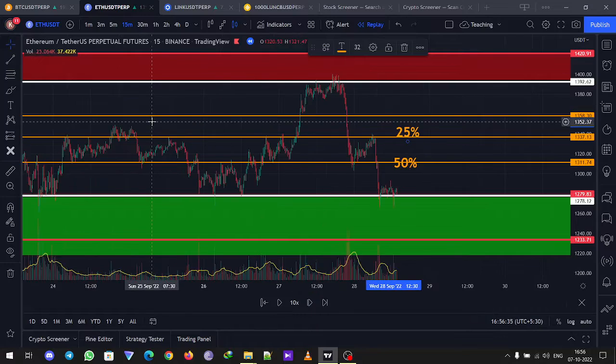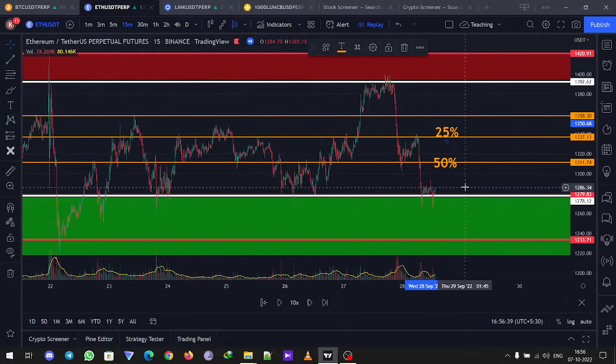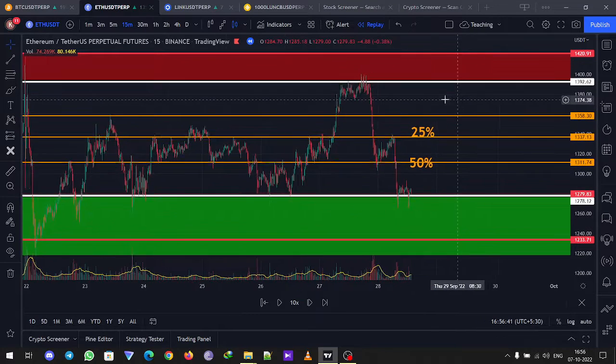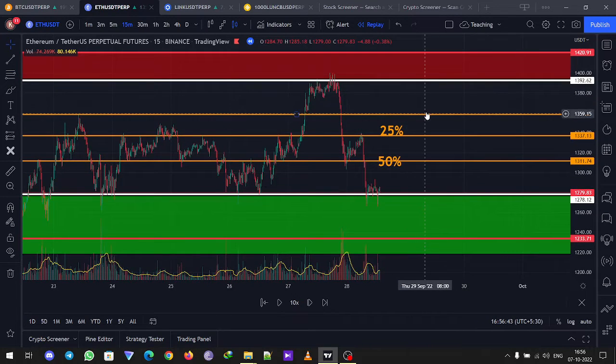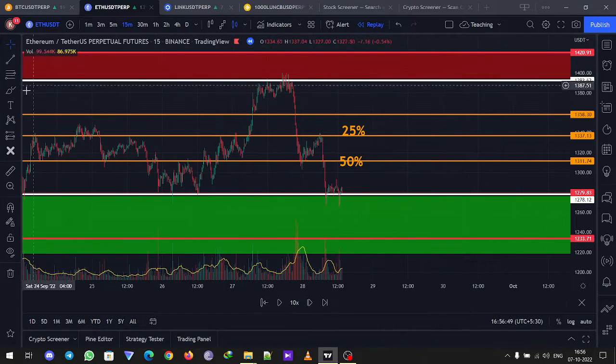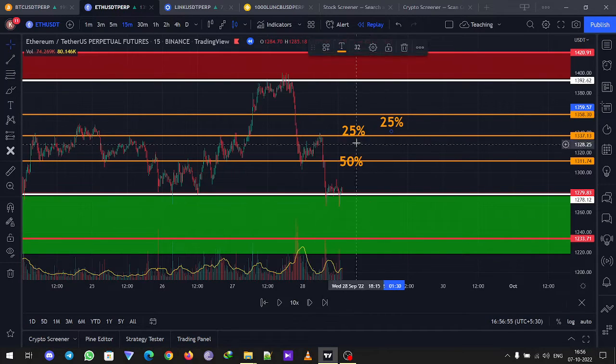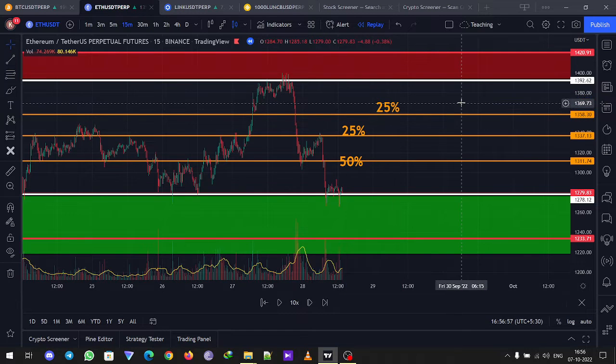But after you have taken both the first long and the first short trade, I recommend you keep your final level as this line only, not the white line. So our final target will be this one.